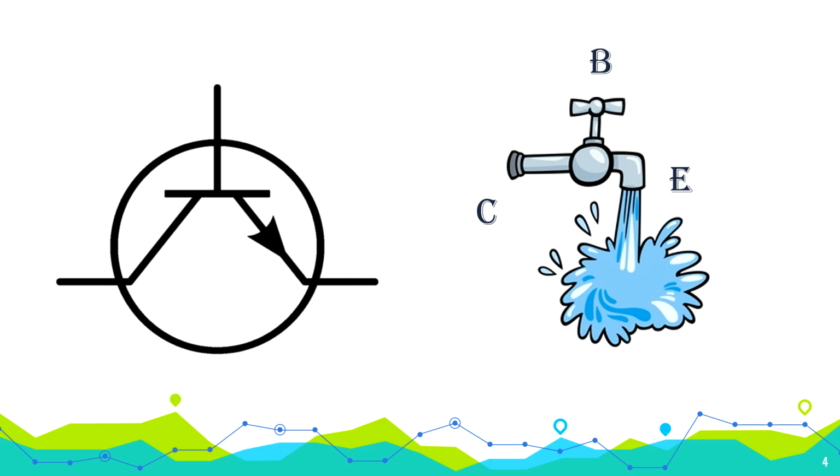The base of a BJT acts as a control flow. If the control is 0, no current will flow from collector to emitter. If the control of base is adjusted, then the current from collector to emitter will start flowing. Therefore, the current flow at the emitter terminal depends upon the adjustability of the base terminal.